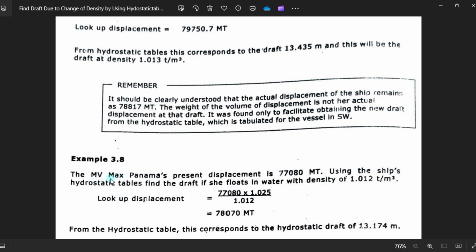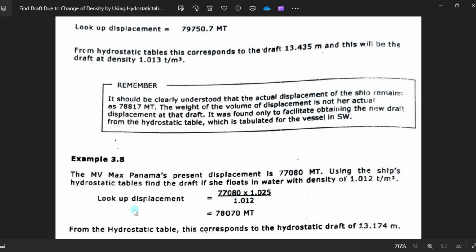The MV Max Panamax present displacement is 77080. Using the ship's hydrostatic table, find the draft if she floats in a density of 1.012. So with this present draft, what will be his displacement when she floats in 1.012?